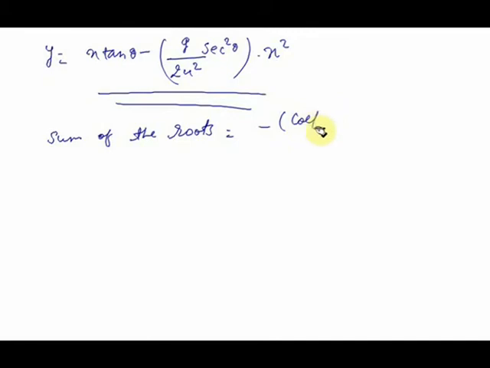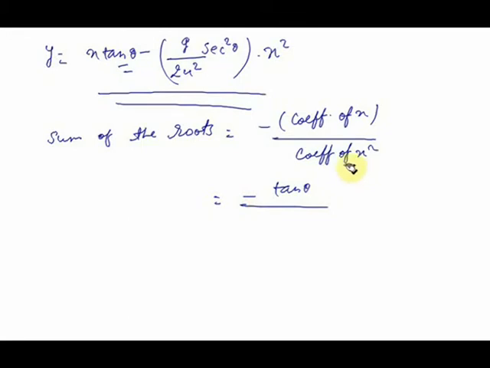minus coefficient of x by coefficient of x square. So we have coefficient of x as tan theta, so minus tan theta, and coefficient of x square is minus g sec square theta by 2u square.